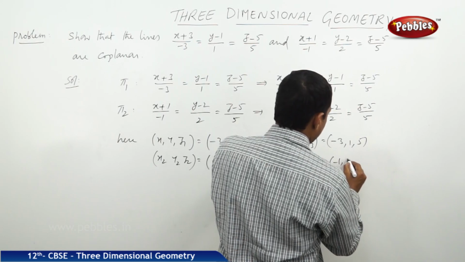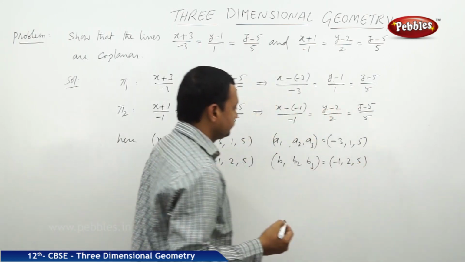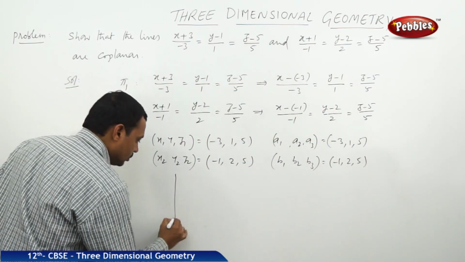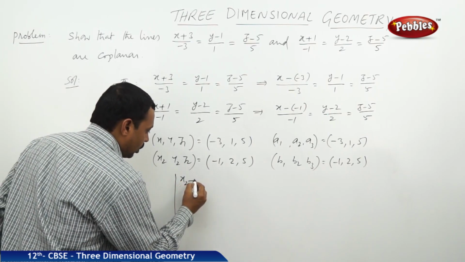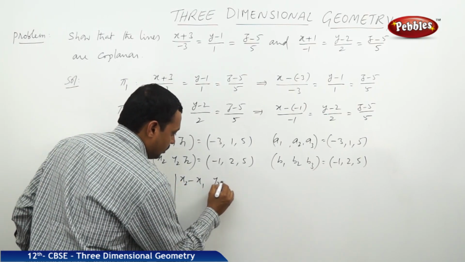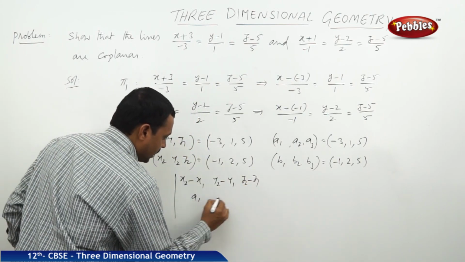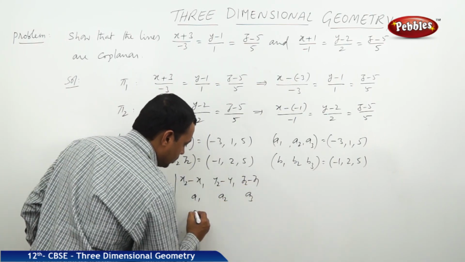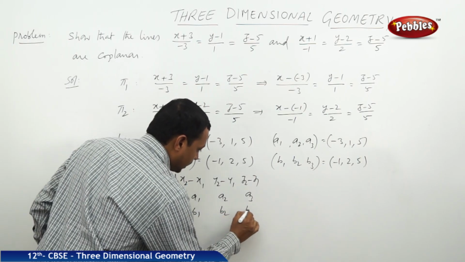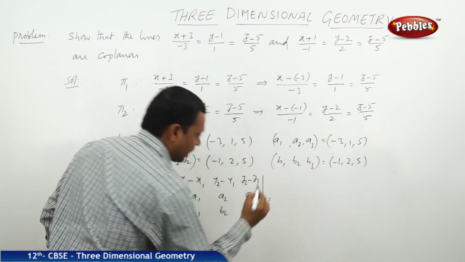They are (-1, 2, 5). Now, let us take the determinant with rows x2-x1, y2-y1, z2-z1; a1, a2, a3; b1, b2, b3.